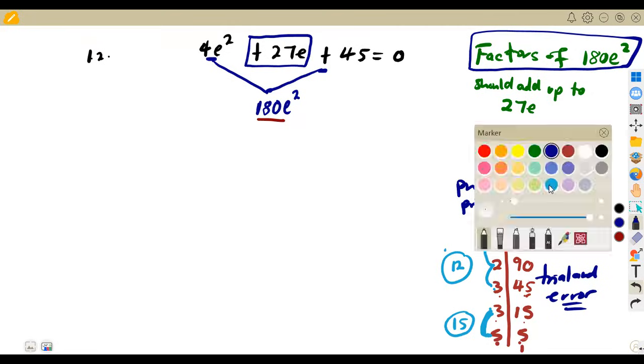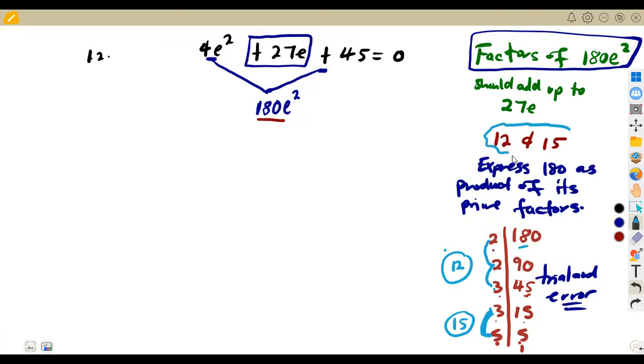All right. So we agreed that the factors that we are going to have here are 12 and what? And 15. But since we've got e in our middle term, what we actually want is to substitute these two terms into this middle term. So we're going to substitute 12 with an e, 15 with an e like this.